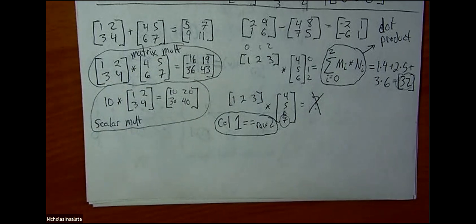Transformations. Awesome. That's exactly right, Luke. Just say more about that. What's a transformation? What does that mean? A matrix represents a linear transformation when multiplied by a vector. Perfect.